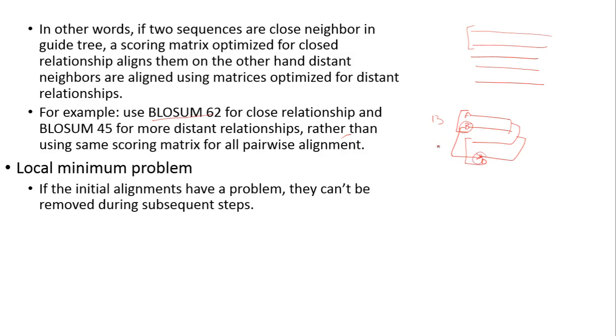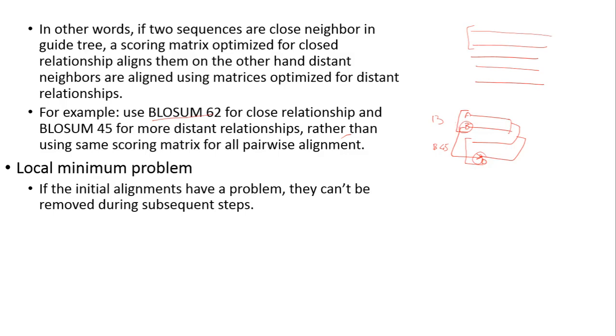Therefore, you might use some other scoring matrix like BLOSUM 45 that is optimized for aligning distantly related sequences. So your program eventually needs to decide what kind of scoring matrix and what weighing parameters are to be used when, and it becomes a difficult business when you try to align these sequences.